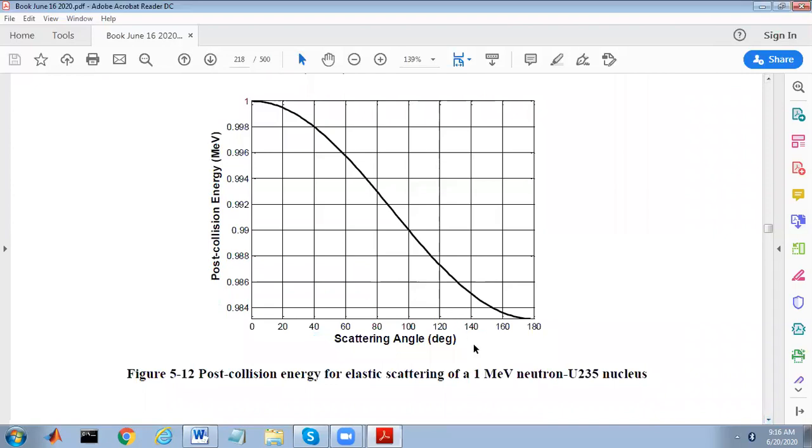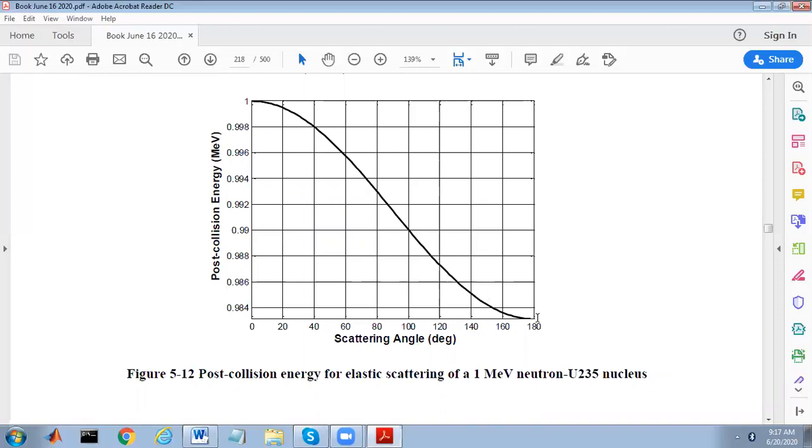So this is the picture of a 1 MeV neutron striking a U235 nucleus. I showed you this before for a number of nuclei, I think in lecture 2 or 3. In this particular case, you can see that for forward scattering or for backward scattering, the energy of the neutron after the collision is not very different from what it was before the collision. Why? Because remember, a neutron after the collision can have an energy between alpha E and E, where alpha is (A minus 1) over (A plus 1), whole squared.